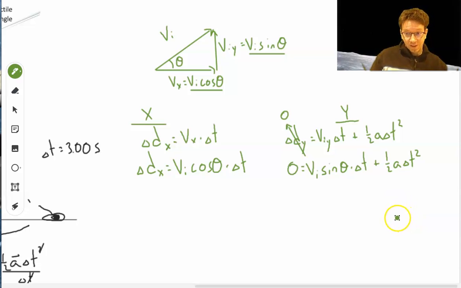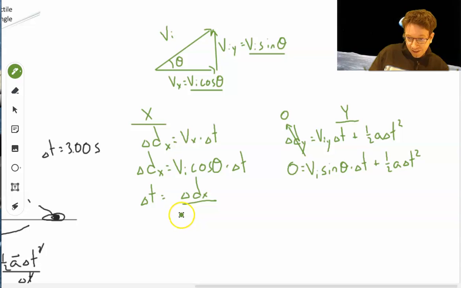All right, so what do we have here? We have two equations that I want to work with. And so what I'm going to do is rearrange this one to solve for time. So I'm just going to divide both sides by vi cos theta, and you'll get delta dx over vi cos theta.